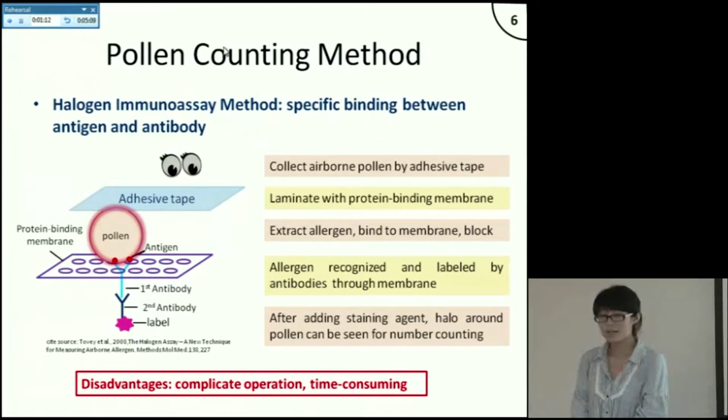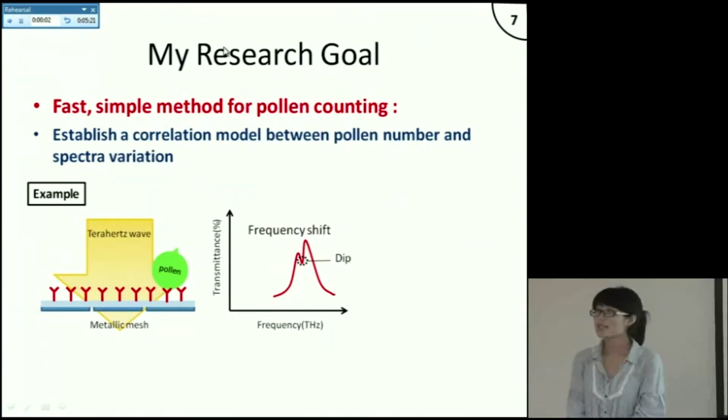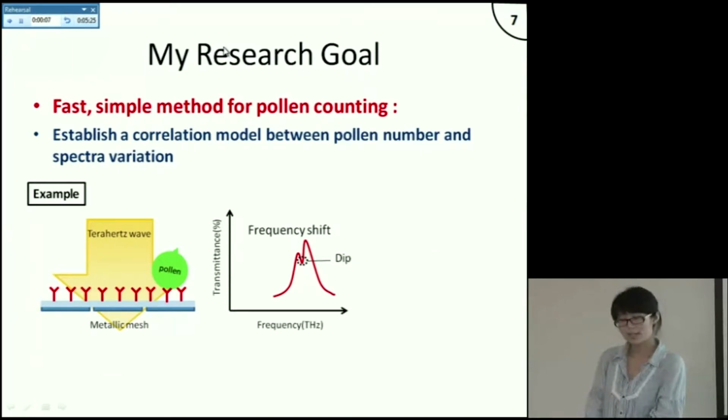Although this method avoids the tedious pollen species discrimination work, the counting process still needs to be conducted under a microscope. So I was wondering if we can establish a correlation model between pollen number and some indexes that are convenient to obtain. This would be more efficient for monitoring the pollen distribution in the air.